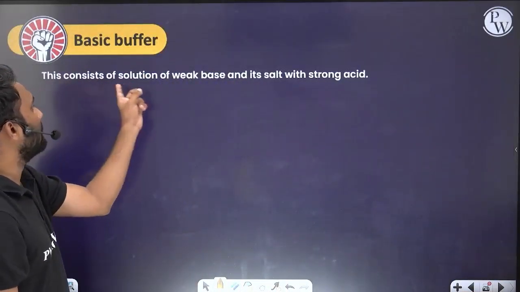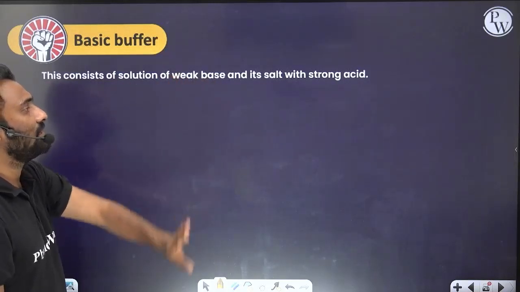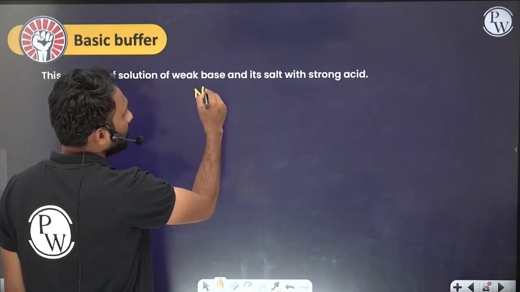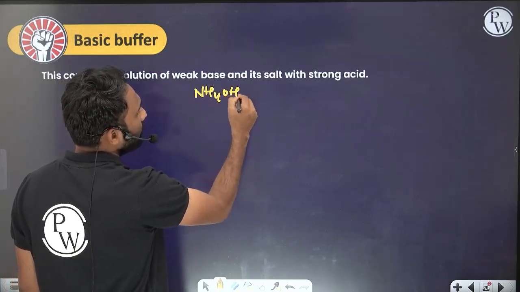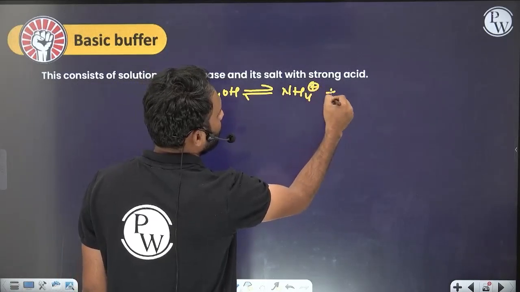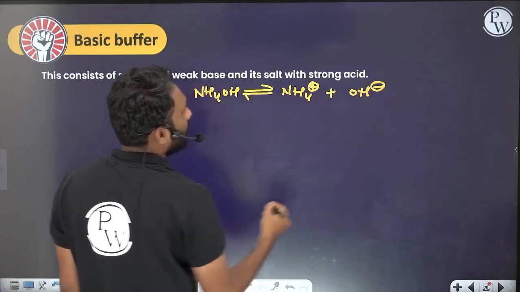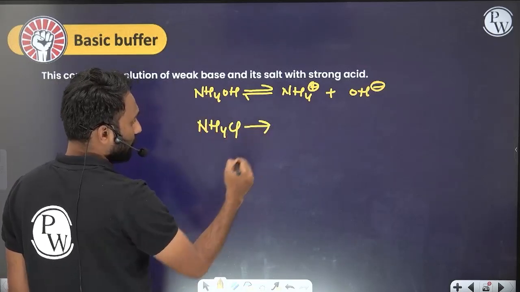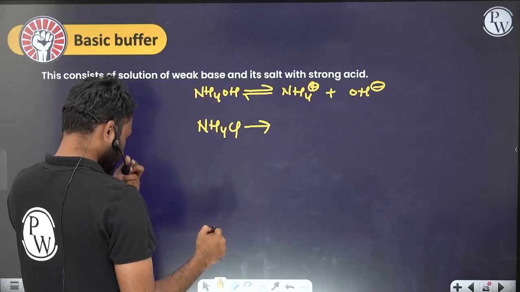Next, basic buffer. This consists of a solution of a weak base and its salt with a strong acid. Now example, ammonium hydroxide will be dissociated to the ammonium ion plus hydroxide, okay. Now here it's a strong electrolyte, right?